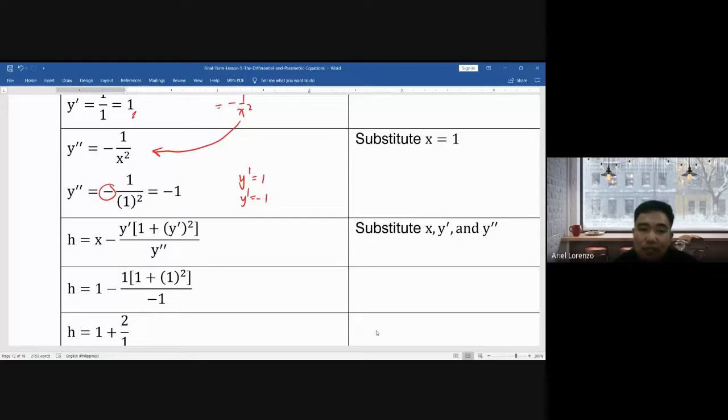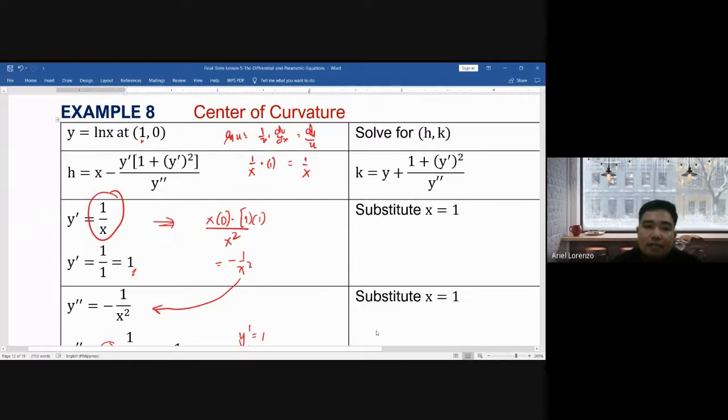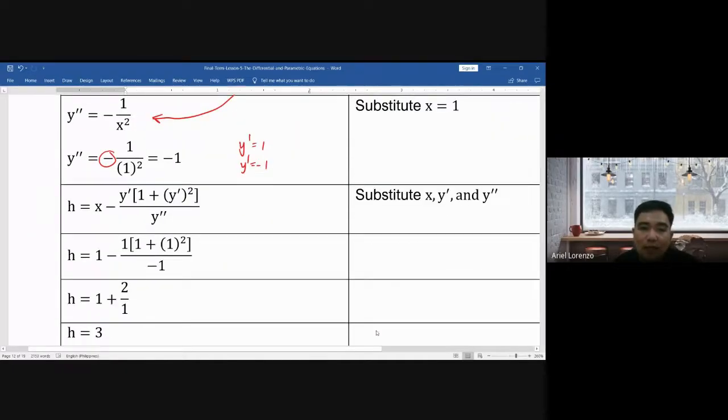We substitute it to our formula, h is equal to x minus y prime. So x is 1, at x is equal to 1, okay? And then minus y prime which is 1, times 1 plus y prime again is 1, squared all over negative 1 ang y double prime mo.